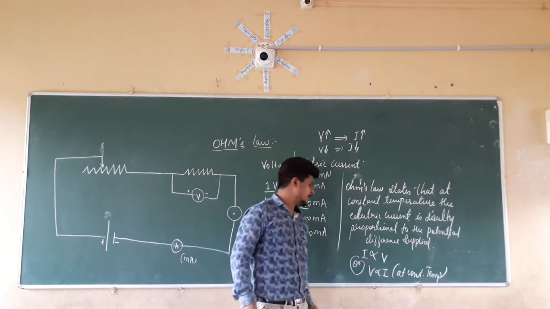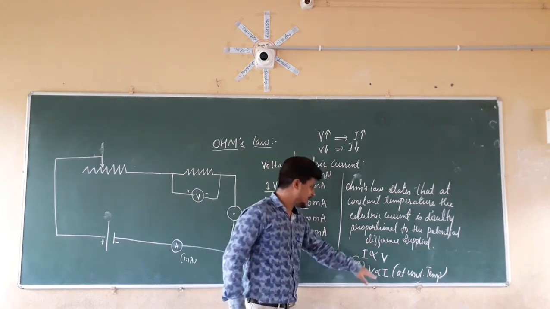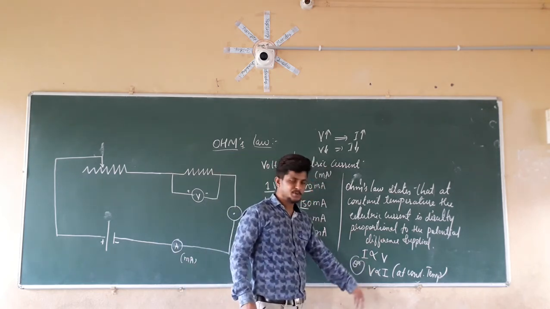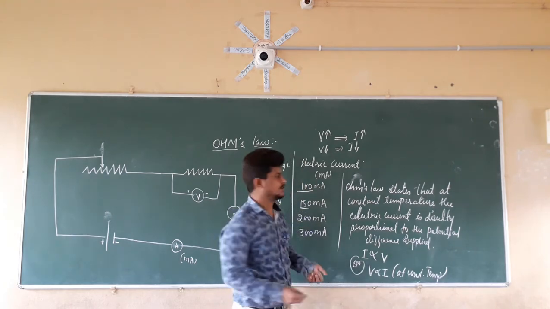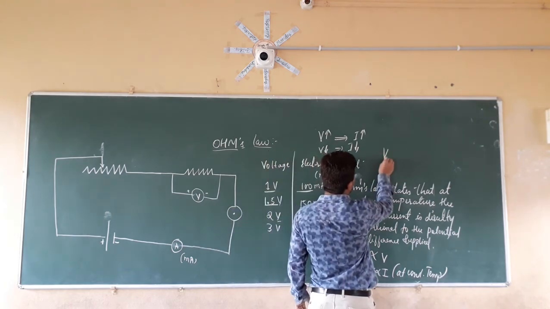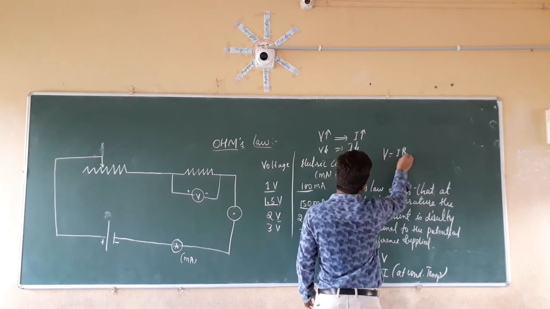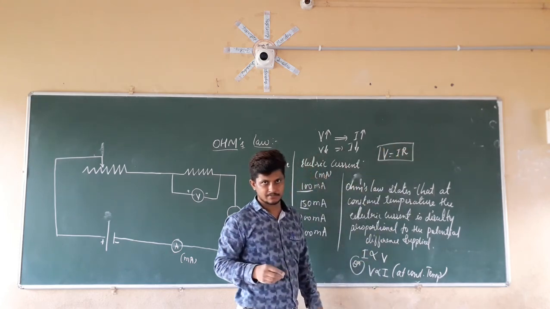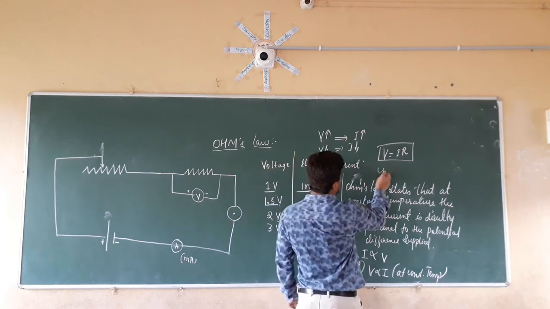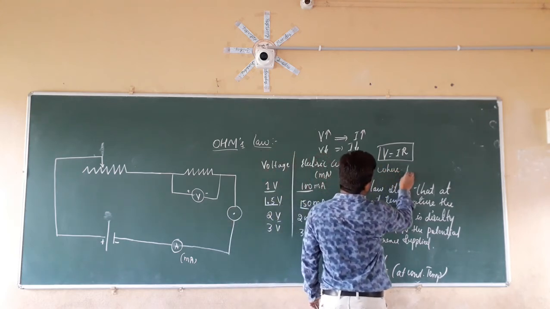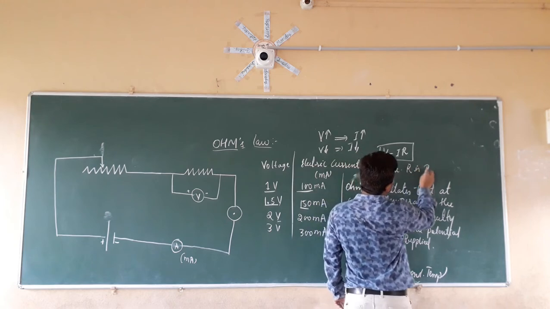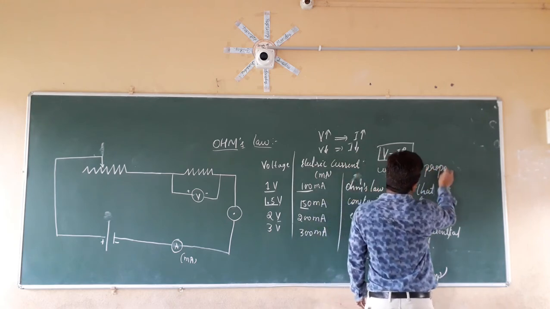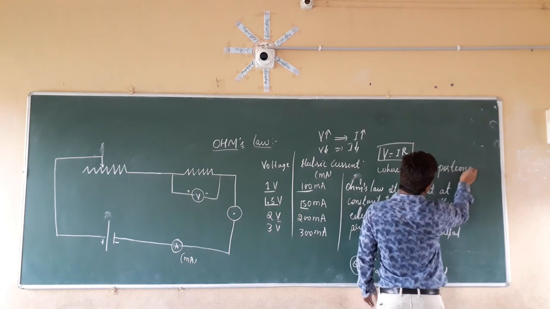In the same manner, to remove the proportionality sign, we take a constant here. So that is V is equal to I into R, where R is the proportionality constant.